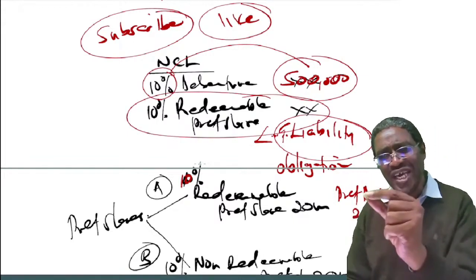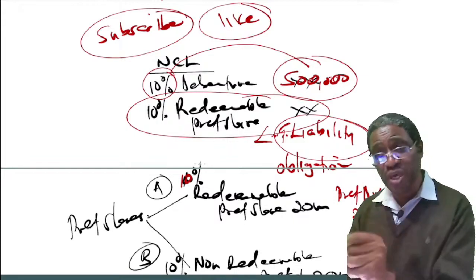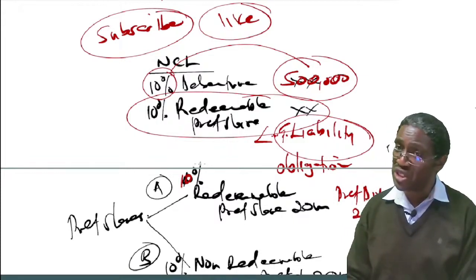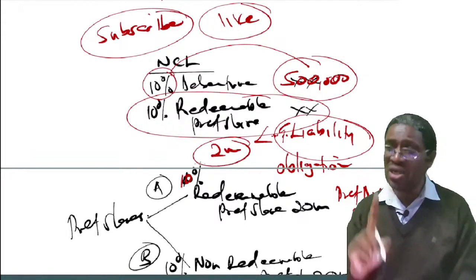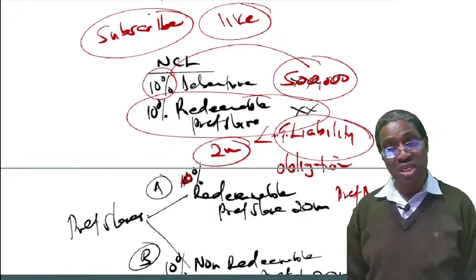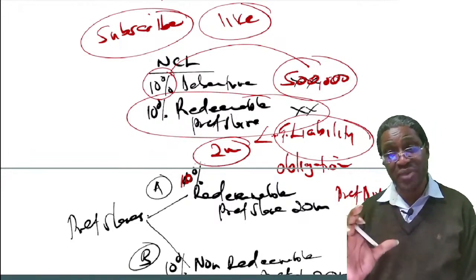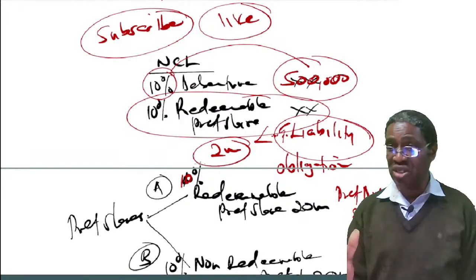So the dividend you pay on the redeemable preference share, which we have seen is 2 million, that should be treated as a finance cost. Listen, for the 10% debenture, you borrowed the finances, 500,000 debentures.